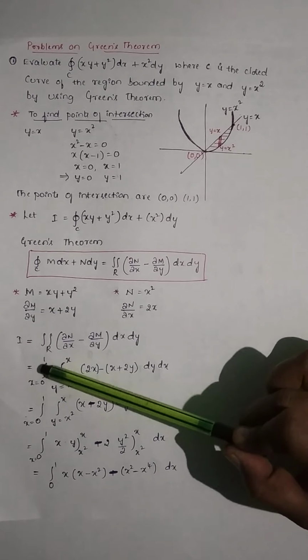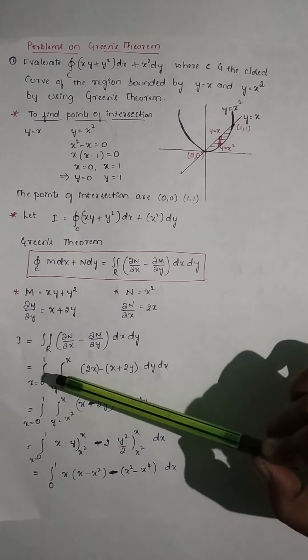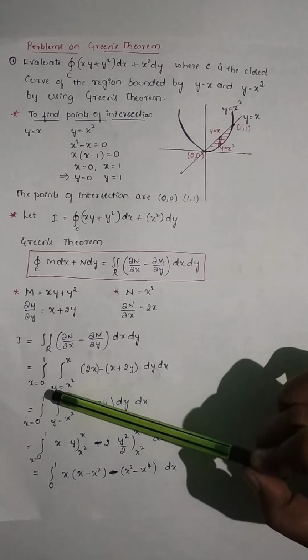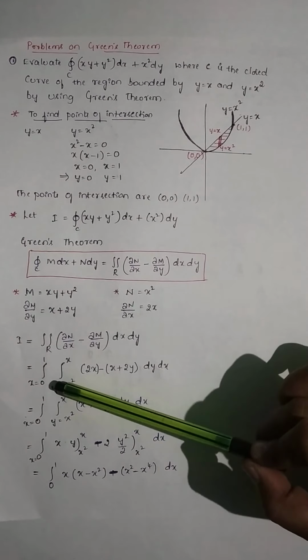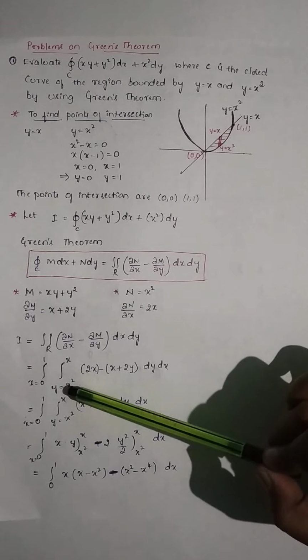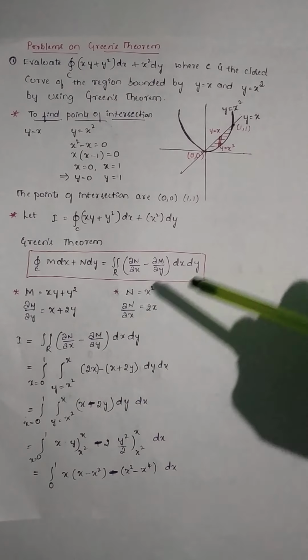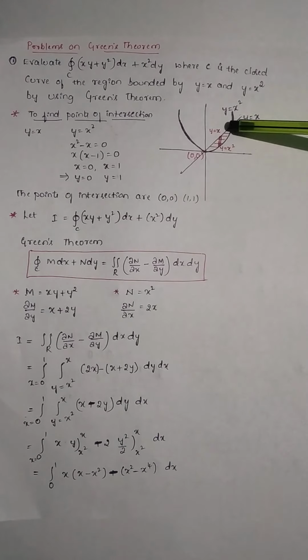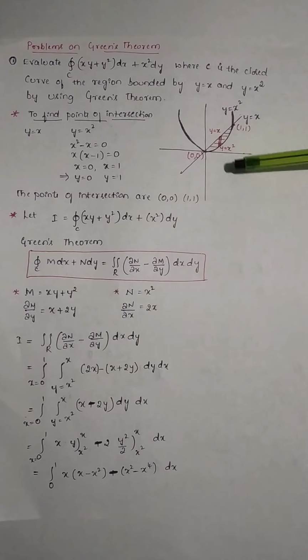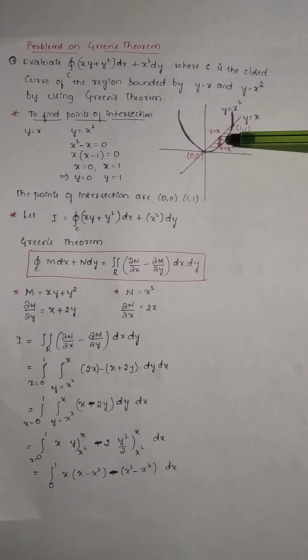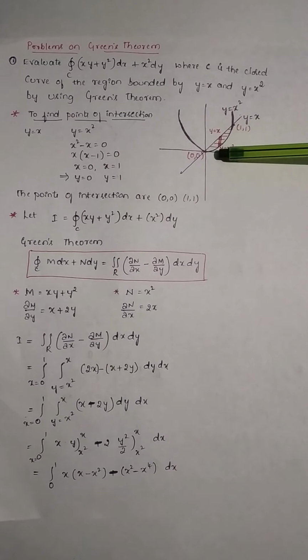After fixing the first integral for x, the next one you need to fix for y, and the point to be remembered is that y is to be written in terms of x. This you need to identify from the region. In our region, y is varying from which curve to which curve? y is varying from the parabola y = x² to the line y = x in the upward direction.